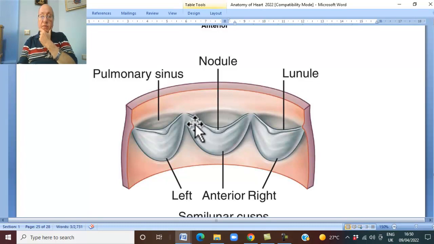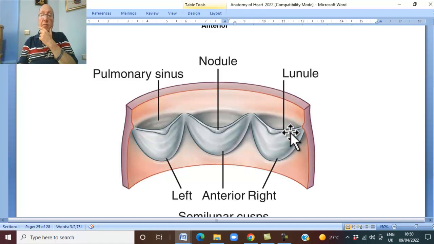Therefore, this is the free margin of each cusp, with a fibrous thickening in the center called the nodule, and on both sides of the nodule, the edge is called the lunule.